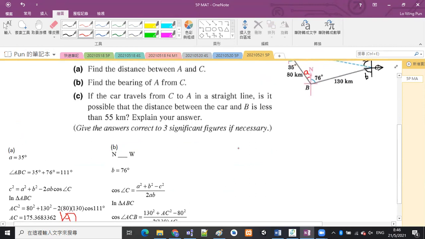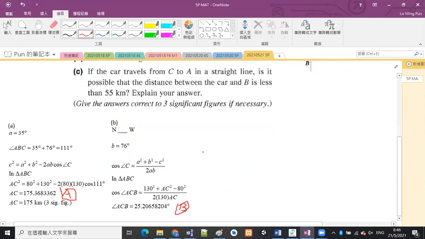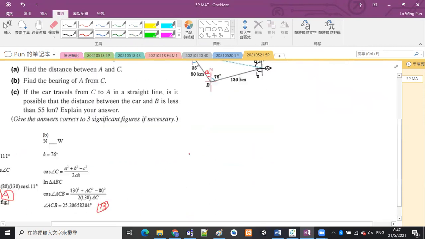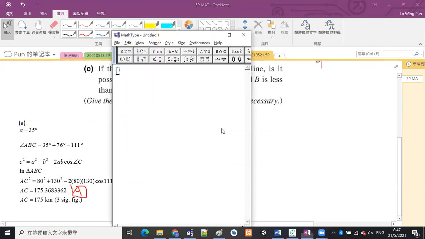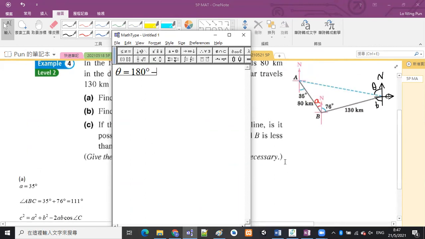Okay, and finally, I need to find theta. So theta will be equal to 180 degrees minus 76 degrees.